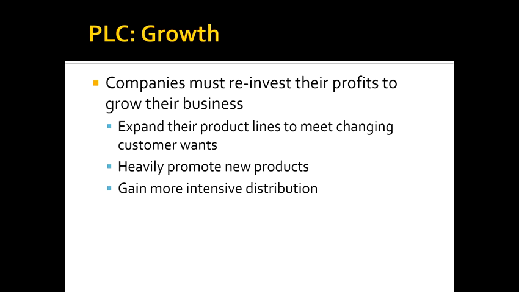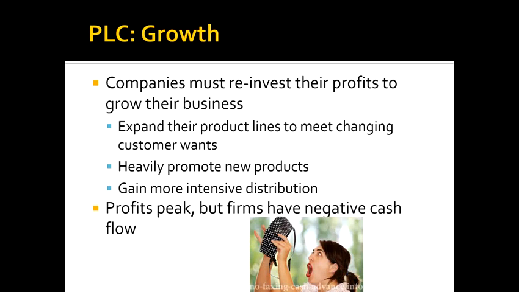So as they grow their business, that's the main function during the growth stage. They have profits, but oftentimes they don't have cash. They sell things to suppliers or customers, and they don't get the money back right away. They need to keep paying for R&D, developing new products and features and benefits. So oftentimes companies are low on cash.